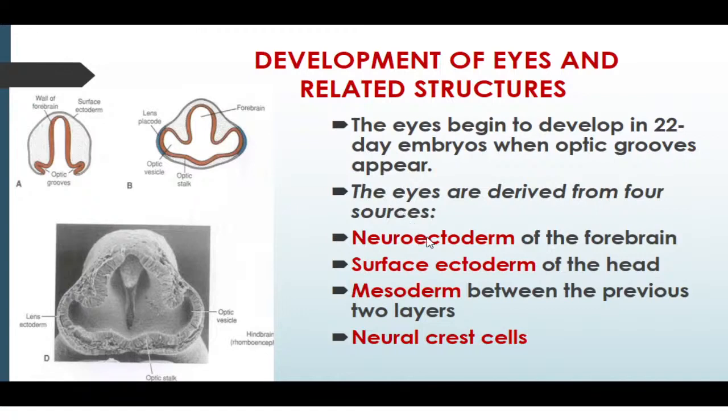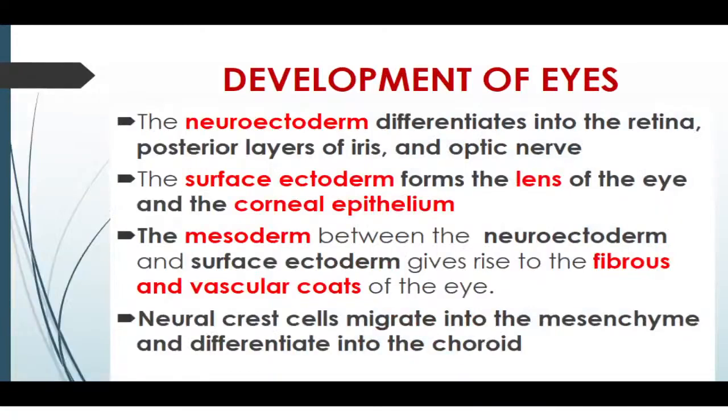First is the neural ectoderm of the forebrain, then the surface ectoderm of the head, the mesoderm between the previous two layers, and neural crest cells. When we talk about mesoderm, we are talking about mesenchyme, ectomesenchyme. Neural ectoderm differentiates into the retina, the posterior layer of the iris, and the optic nerve.